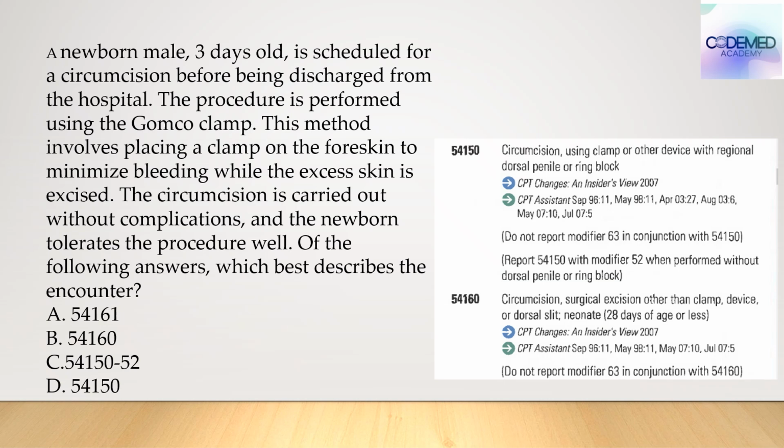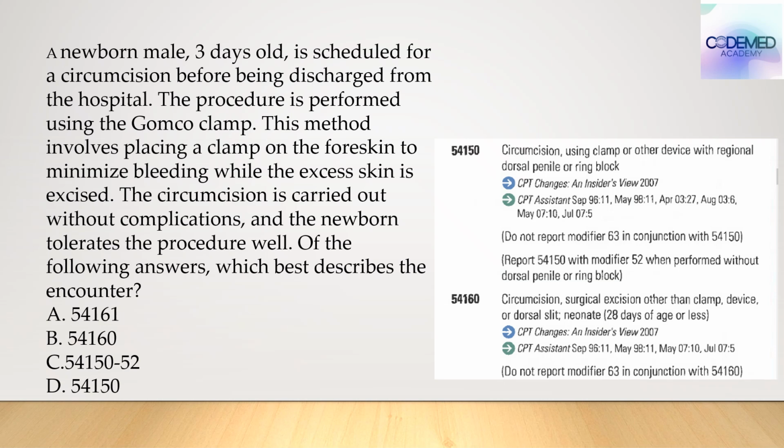What is our drill? What is the age of the patient? Newborn, 3 days old. What is the method they have used? Gomco clamp. Have they used anesthesia? It is not written. And remember, it is the unwritten rule in our coding that what is not written, we don't code it. So if they haven't mentioned anesthesia, we will not code it.